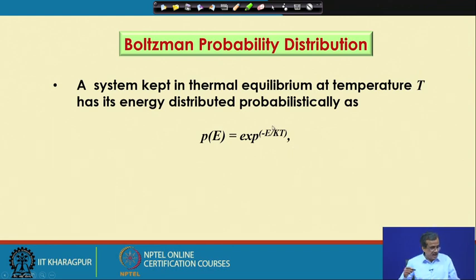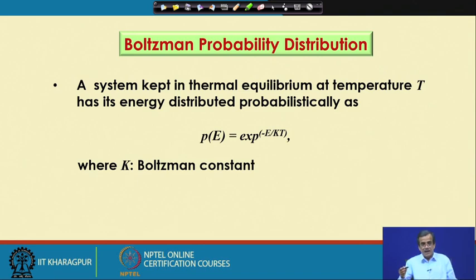Here this k is the Boltzmann constant, and in simulated annealing, for simplicity we assign a numerical value equal to 1 to k. In that case, in our simulated annealing algorithm, the probability of energy distribution is nothing but exponential minus E divided by T. Now, let us see what it means.